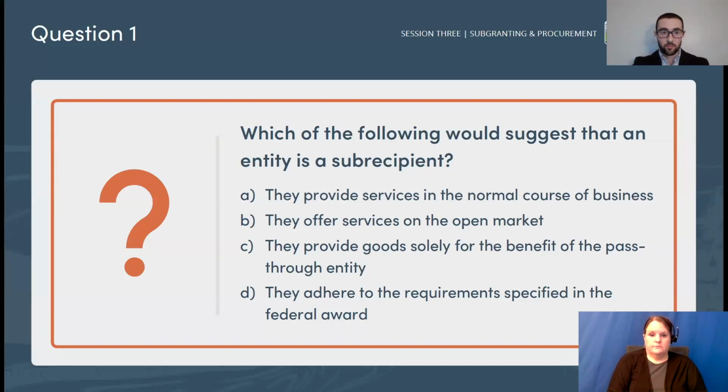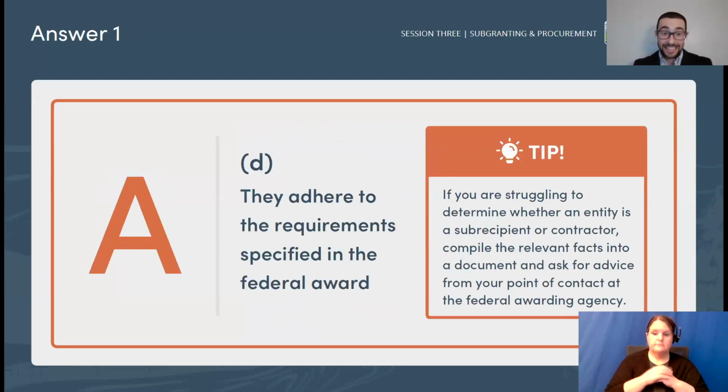Okay, so let's go to the next slide, please. D. If they're adhering to the requirements specified in the federal award, odds are they are a subrecipient, right? Because the subrecipient needs to abide by the federal award requirements in the same way that the pass-through entity needs to.